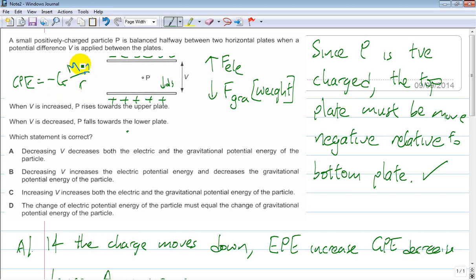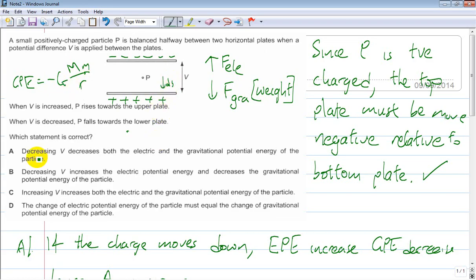A bigger negative magnitude means the GPE gets to a smaller value. Or you can just think intuitively: if you go from the second floor to the first floor, you get closer to the Earth's center and your GPE decreases. The same concept applies here.